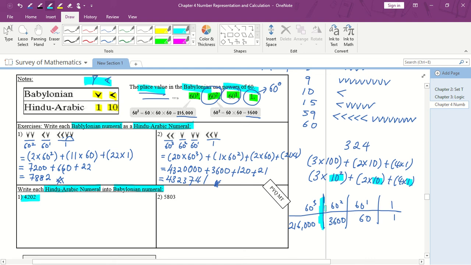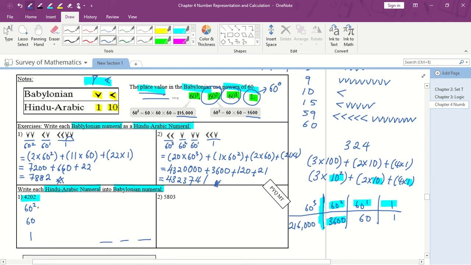So if it's in between these two, we will choose this one. Okay, which means that we have this one, this one, this one in our Hindu Arabic numerals here. So it means that we will have 60 square, 60 and 1. Means that in the final answer you will see there's 3. 1, 2, 3.